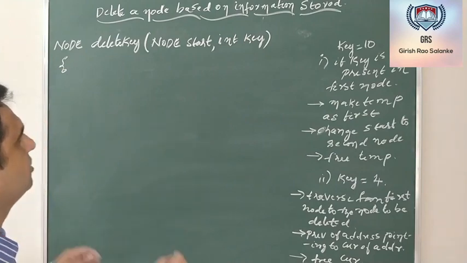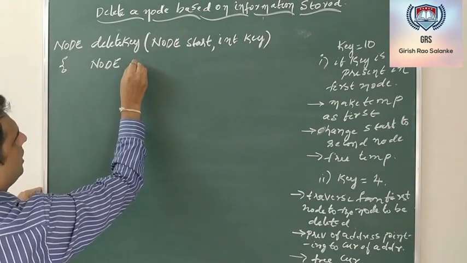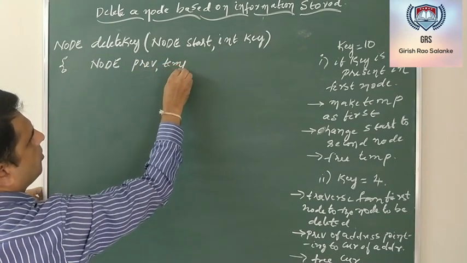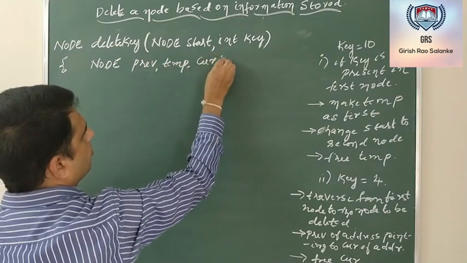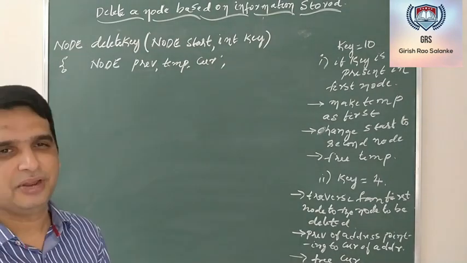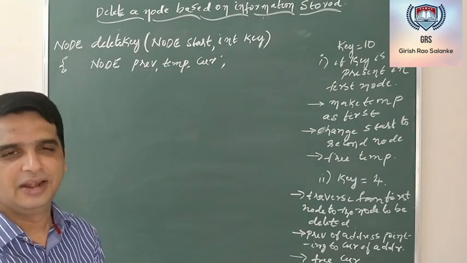Coming to the variables, of type node, I think I require previous, I require temp, I require current. I will not check whether the list is empty or not. If you want, you can add that particular statement. If the list is not there, you can't perform the deletion operation.